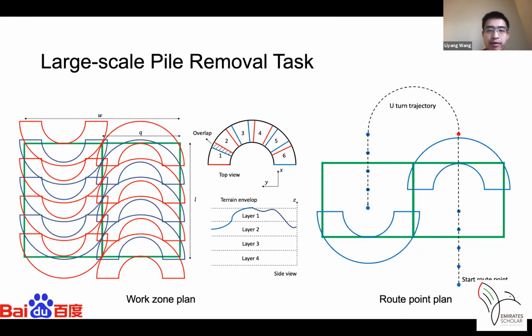They also have overlaps to make sure it's fully covered. And also, based on the depth of the work, we can set the terrain into different layers. For example, for sector 1, it has layers 1, 2, 3, 4. Actually, there will be 4 different subtasks, and totally there are 6 multiplied by 4, which is 24 subtasks for a 180 degree sector.